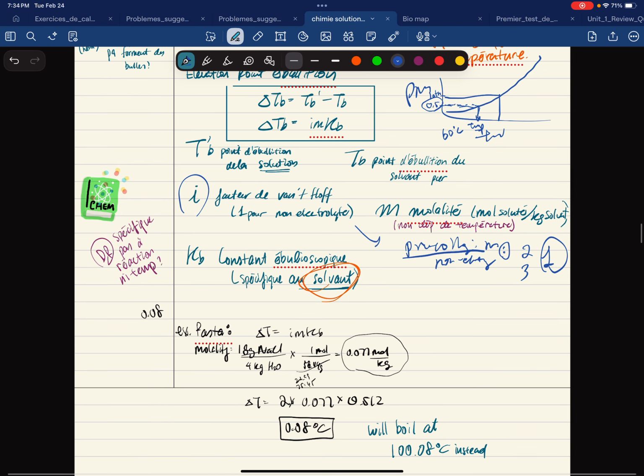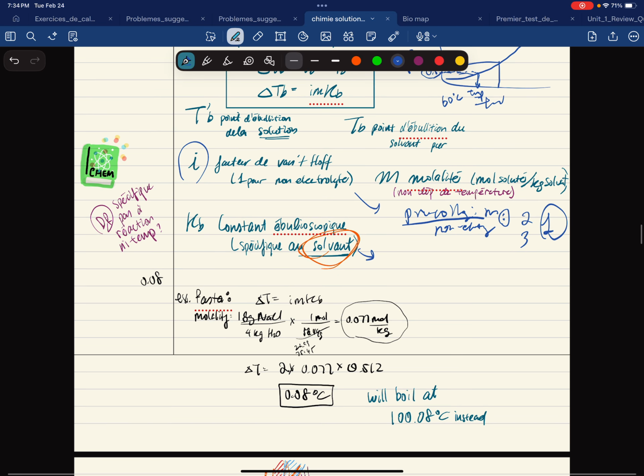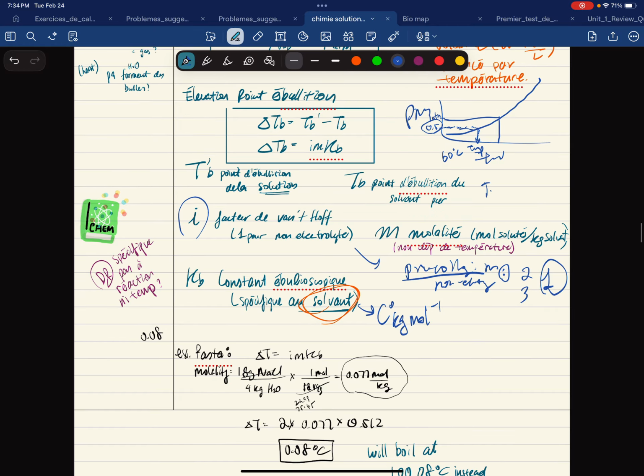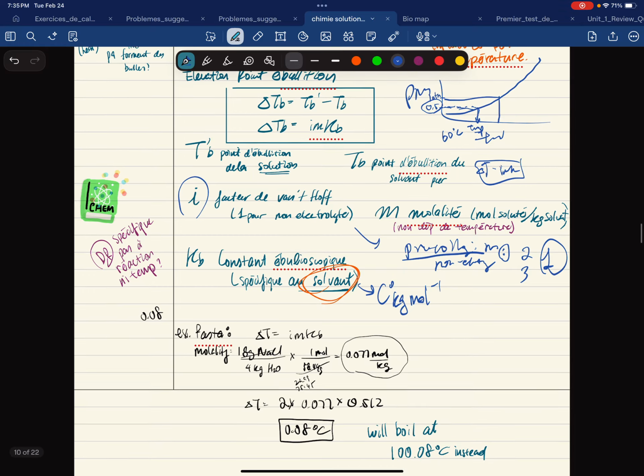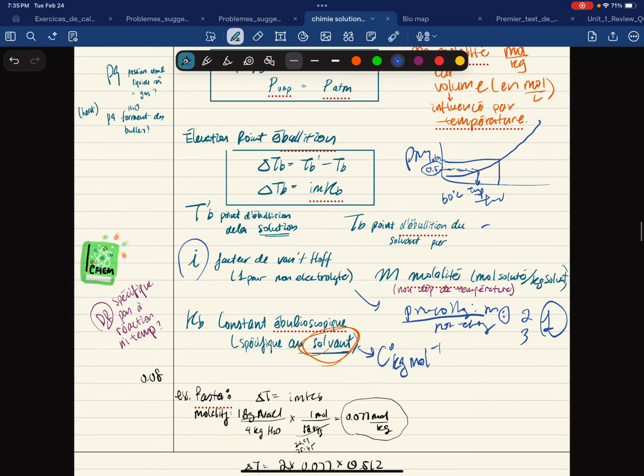And the boiling constant, Kb, the unit is kilogram kelvin per mole. As long as your delta T equals i m K works in terms of units, then that would work.